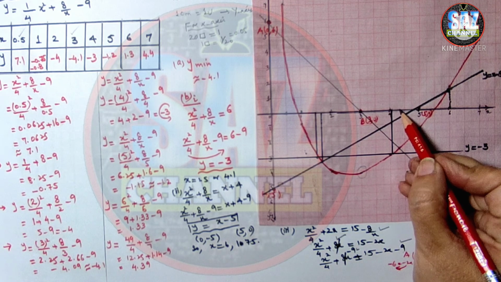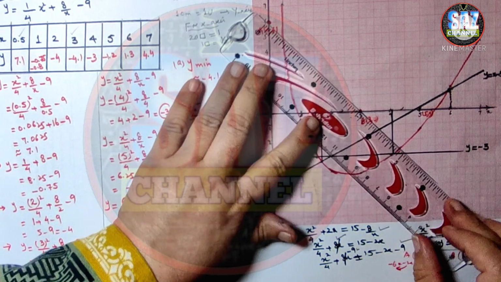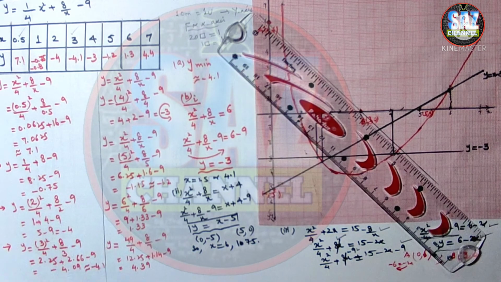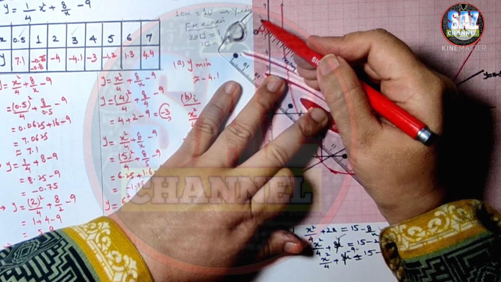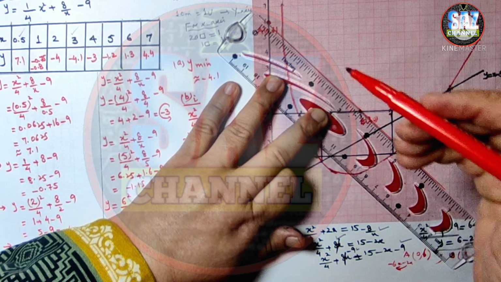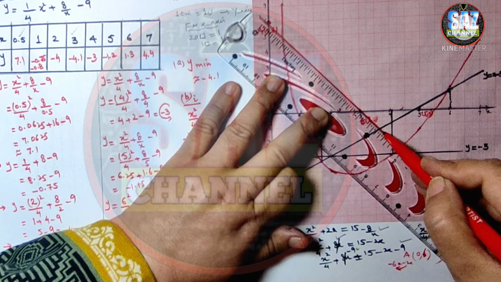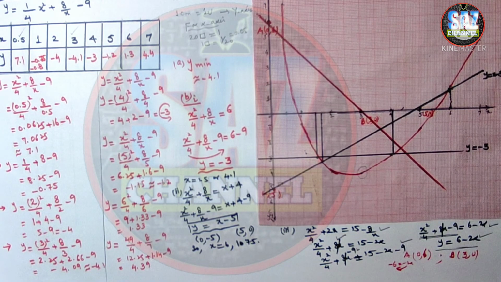This is approximately 4 blocks after 4. So first of all, let me make my line perfect, and this time I'll make this line a little bold so that my students can see this clearly. And this is one of the most important concepts of your O-level examination, and please watch and understand this lesson carefully before your O-level examination.